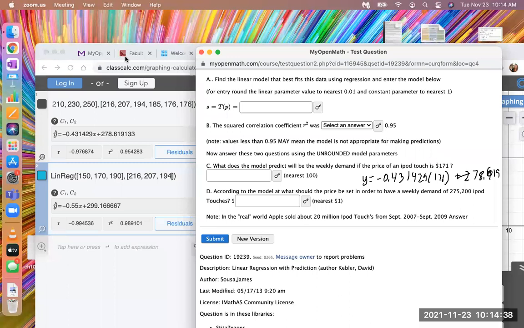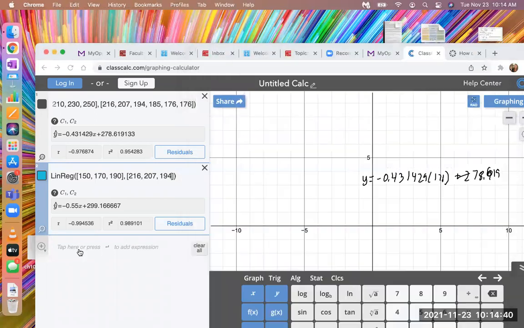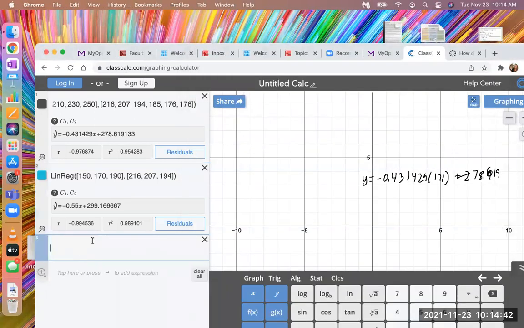So we do 171 times the value there. So 171 times, and I'm going to write that whole decimal out, negative 0.431429. Okay, I get an answer there.